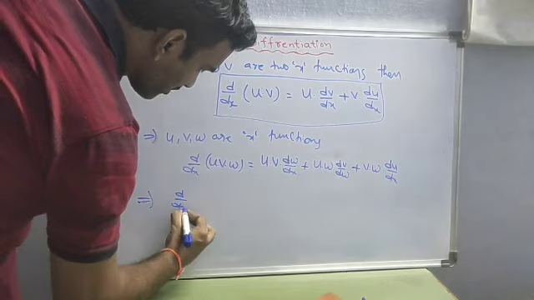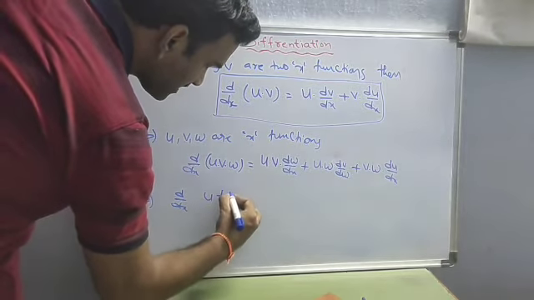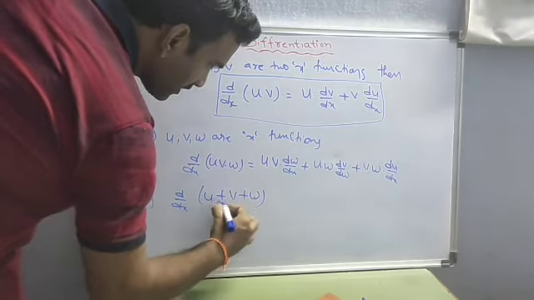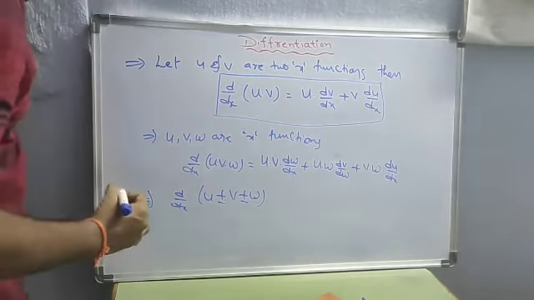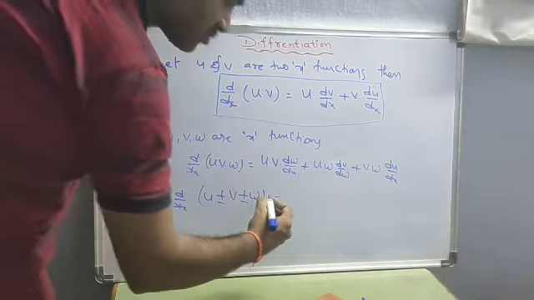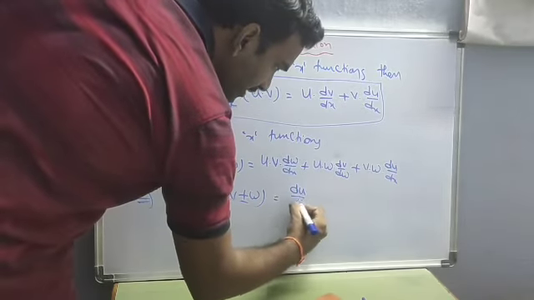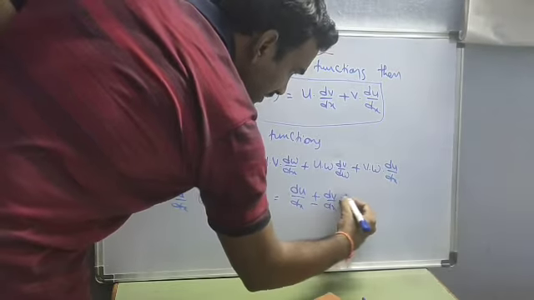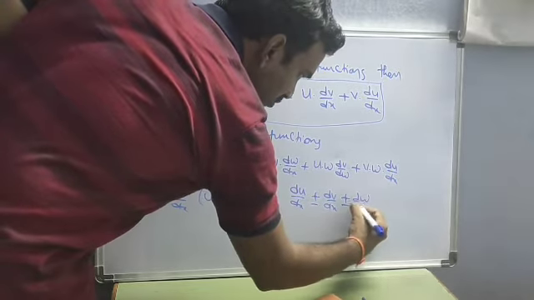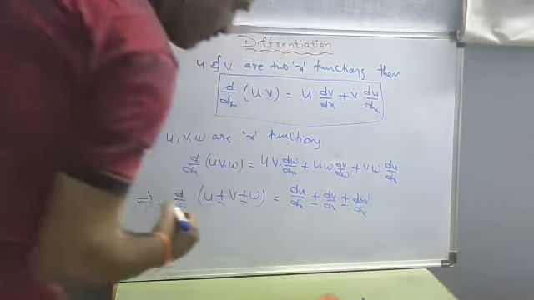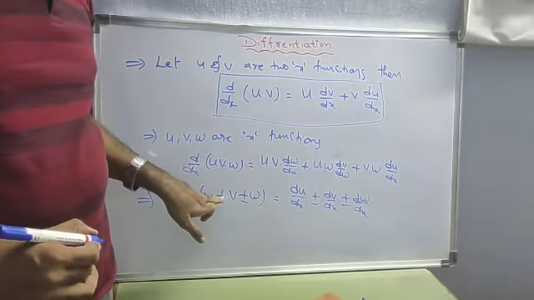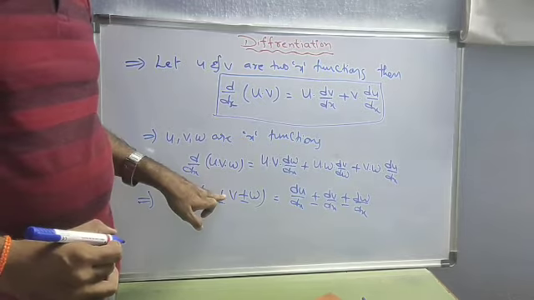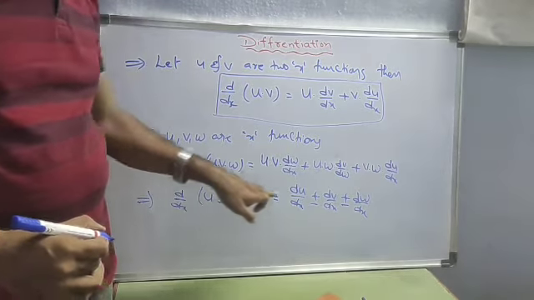And generalized, what does that mean? d by dx of u plus v plus w, plus or minus you can take. Here there is no problem: du by dx plus or minus dv by dx plus or minus dw by dx. This is a very simple formula. If the functions are combined with addition or subtraction, there is no change.